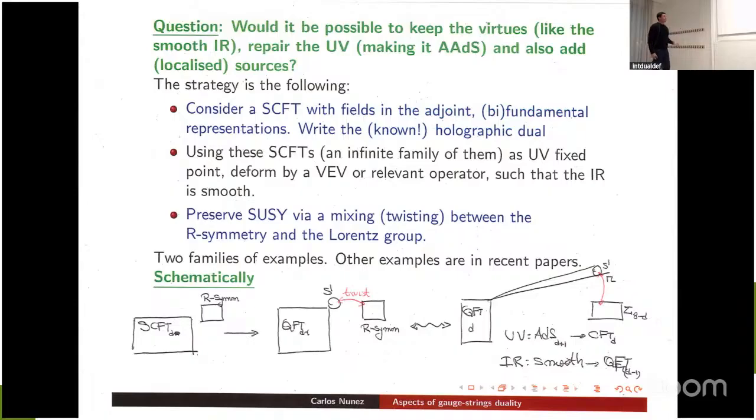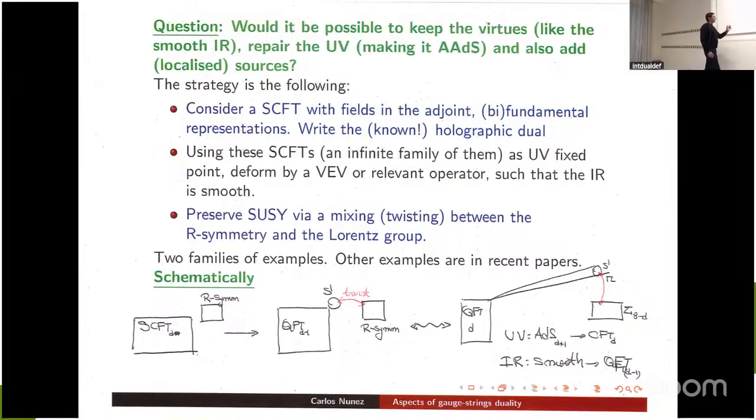What's the main idea? It can be taught with this picture. Consider, for example, and let me put D equals 4 all along this, a superconformal field theory in 4 dimensions. This superconformal field theory will have some R-symmetry. What we are going to do is the following.